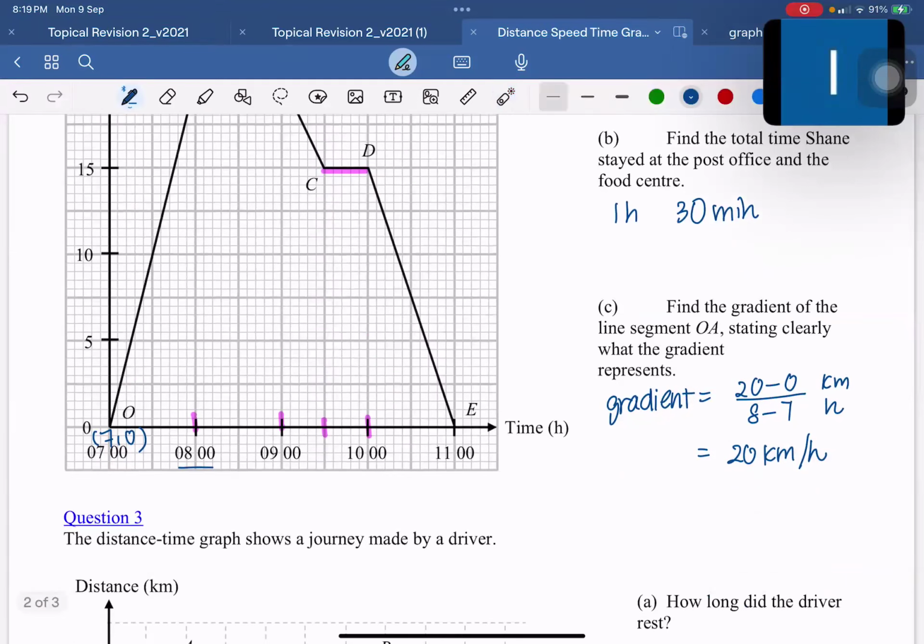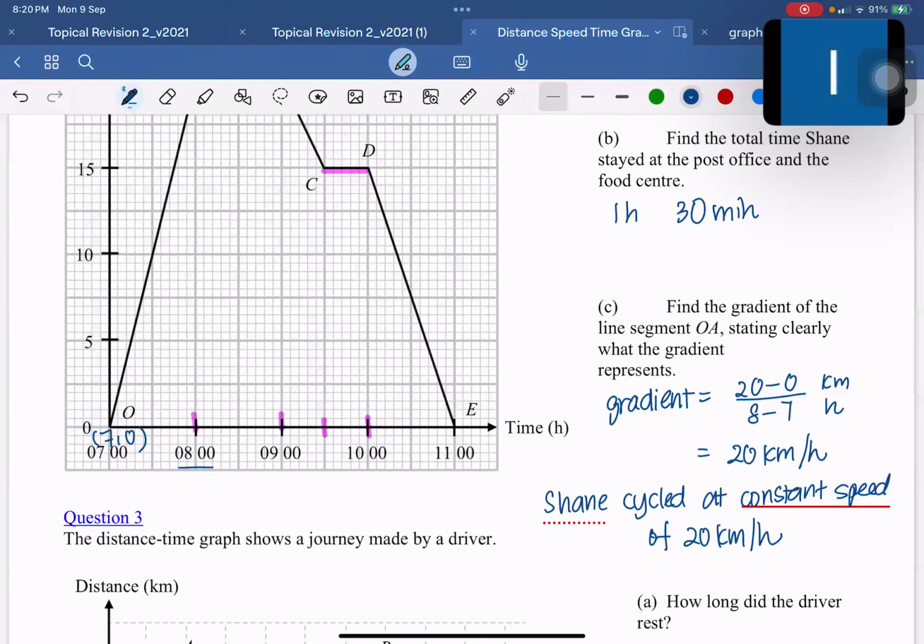So the answer is, Shane cycled at constant speed. Important, must write the description. Constant speed, explain. There's a difference between constant speed and average speed. For average speed, the line may not be a straight line, it can be a curved line. Okay, so he cycled at constant speed of 20 kilometers per hour.